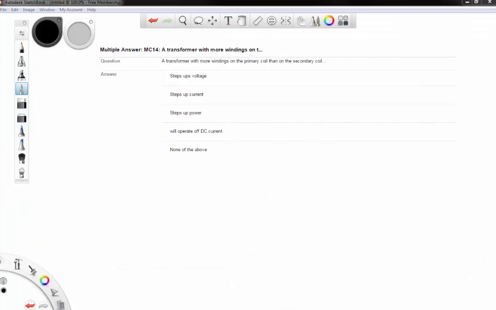For lack of a better word, the easiest of these 4 least easy questions is this multiple answer question. It's labeled MC14, which means I pulled it from your homework. It was multiple choice question number 14 on your homework.